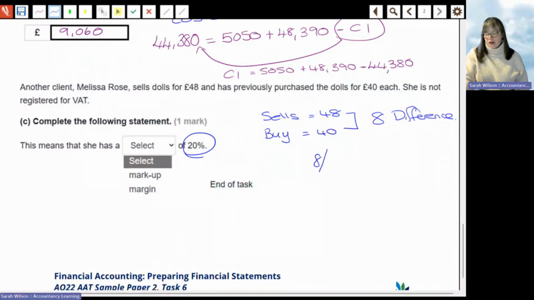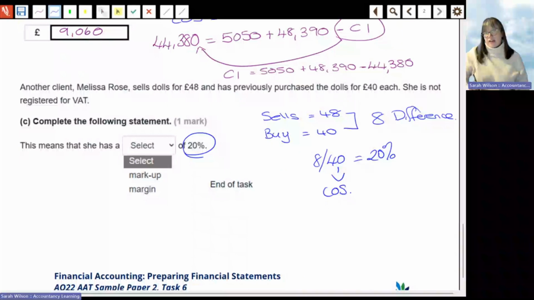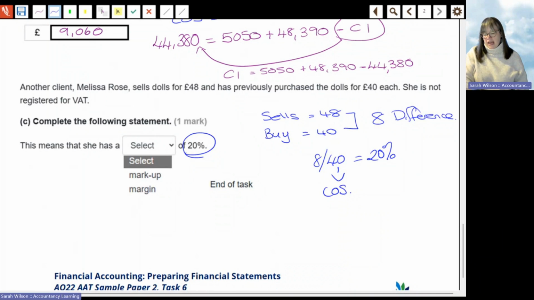So if you divide the £8 difference divided by the cost of 40, that equals 20%. So this is basing it on the cost of sales. So this is going to be a markup because our cost of sales is 100% and we're stepping up by 20%.